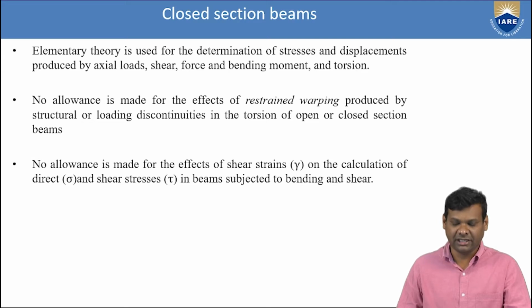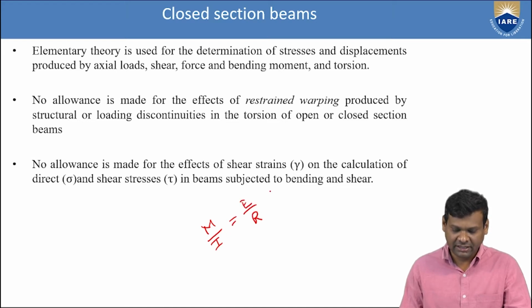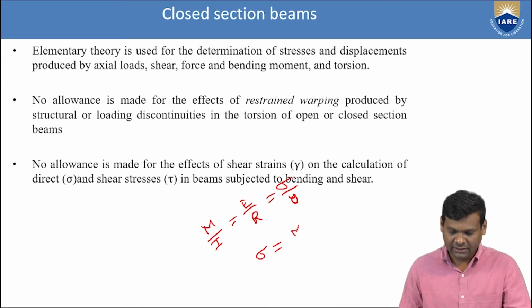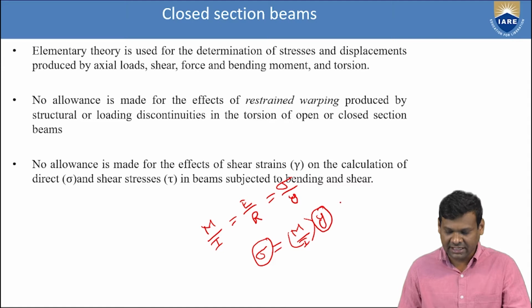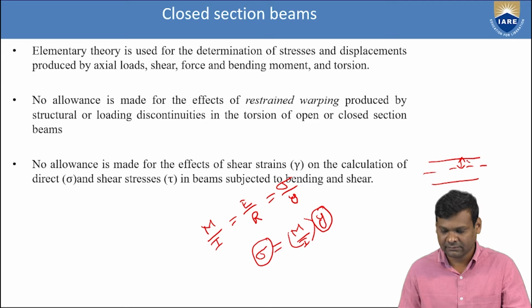These elementary formulas are M by I equal to E by R is equal to sigma by Y. From this we get sigma is equal to M by I into Y. Here sigma is a direct stress and Y is the length taken from the neutral axis. M is the bending moment and I is the moment of inertia.